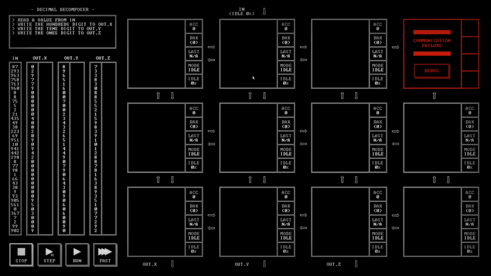All right, so I'm going to start by just rewriting into this node how I would calculate hundreds and see how far I get with that. So I want to sub 100.